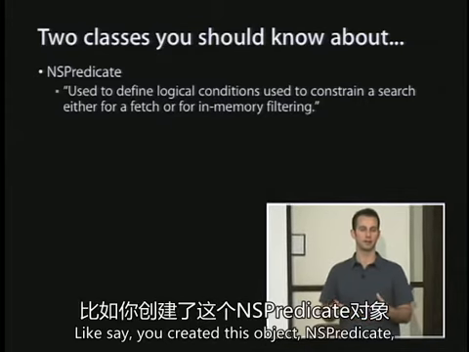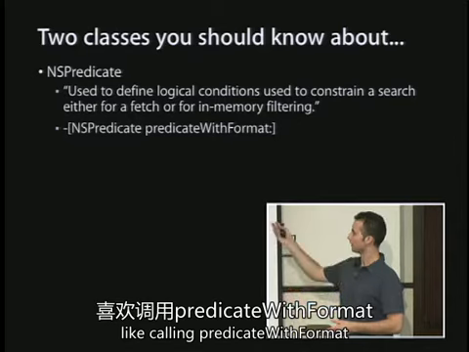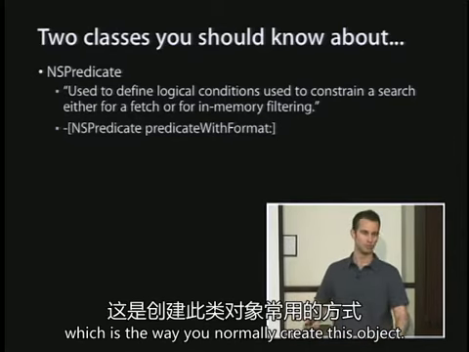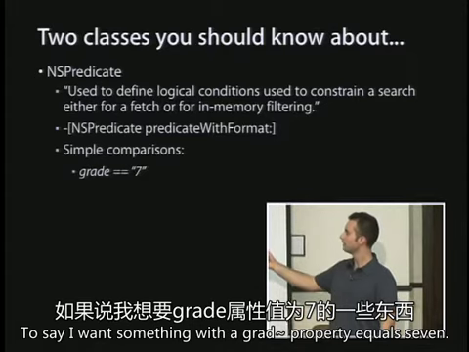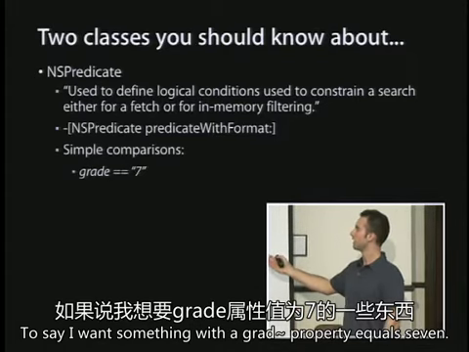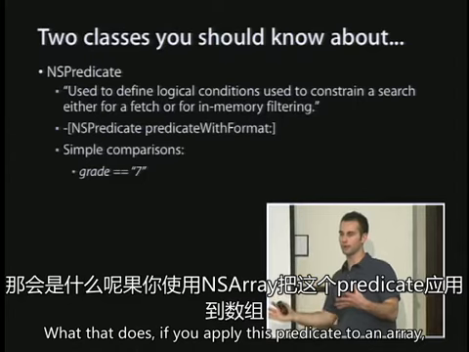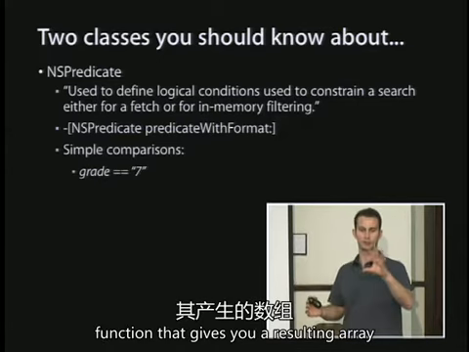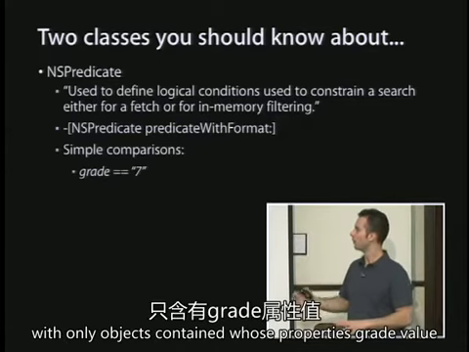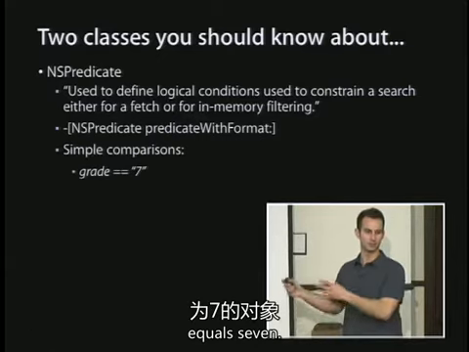Say you created this object by calling predicateWithFormat, which is the way you normally create this object, to say, I want something where the grade property equals 7. If you apply this predicate to an array using the NSArray filter function, it gives you a resulting array with only objects whose property's grade value equals 7.